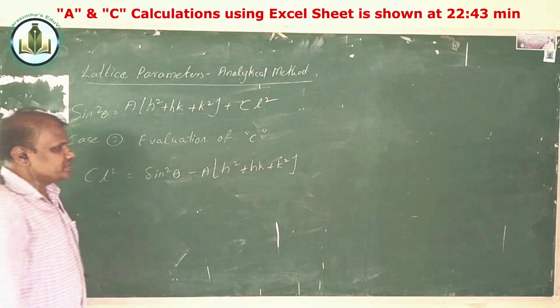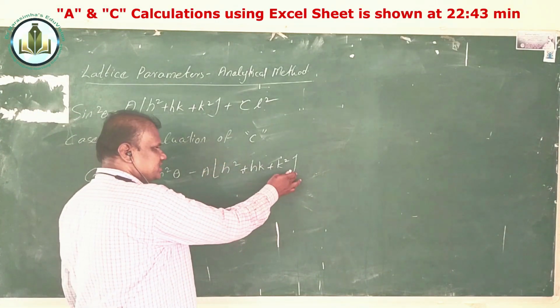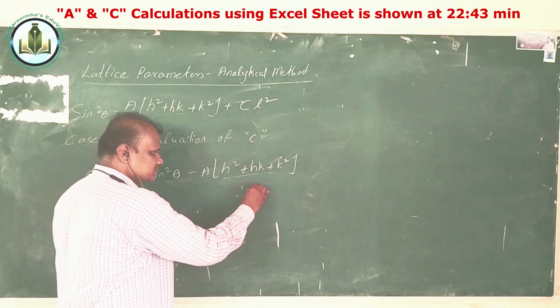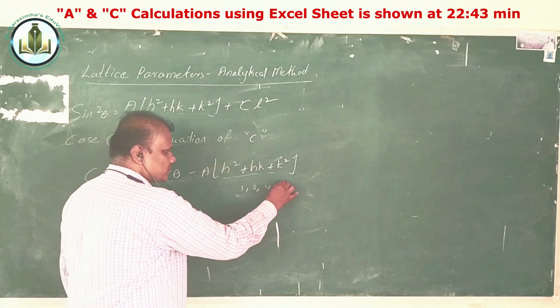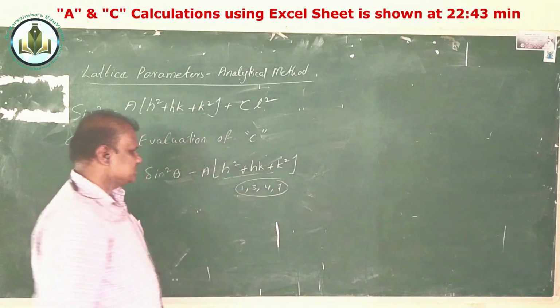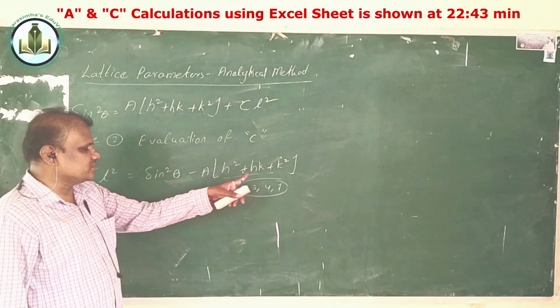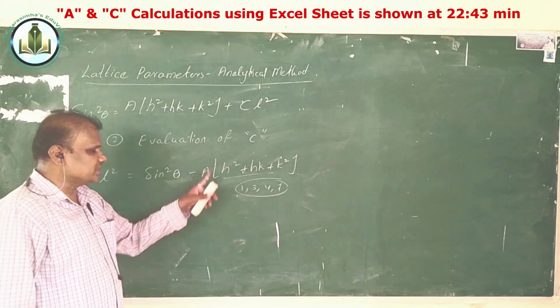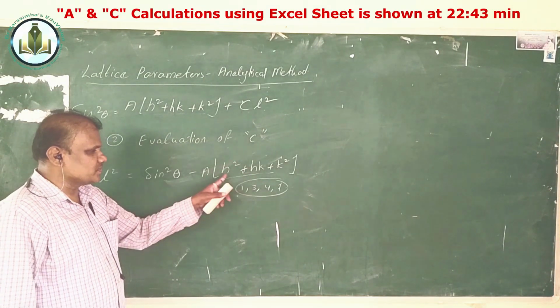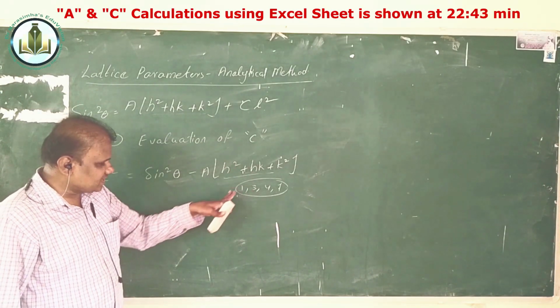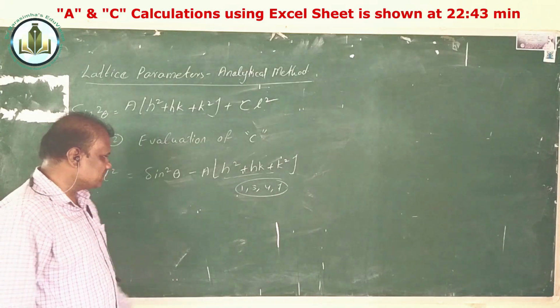Depending on the values of h and k, this sum is going to have the values 1, 3, 4, 7. So h equal to 0, k equal to 0; h equal to 0, k equal to 1; h equal to 2, k equal to 0. Depending on the different combinations of hk, it is going to take the values 1, 3, 4, 7.